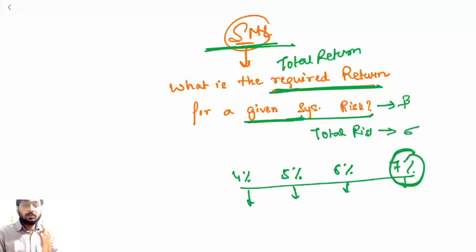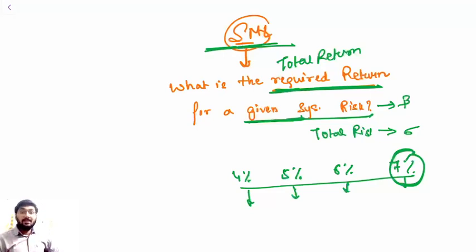Total risk is denoted by your sigma. So the holistic view is clear. The difference between the capital market line and the security market line. Are you clear?